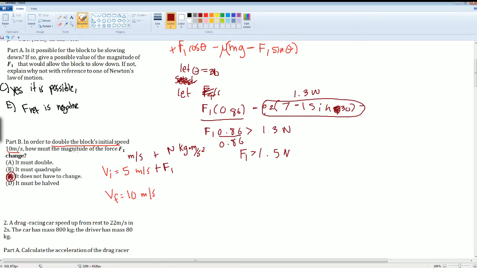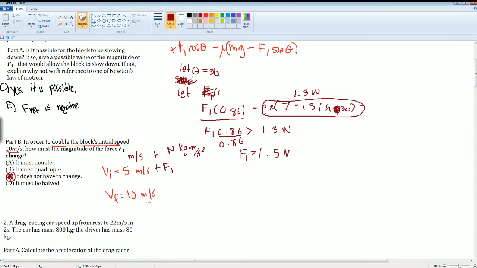So it does not change. This is such a really bad question. You can't really double the object's initial speed by changing the force. There's a more complex answer, but this is a simple answer for physics. You could think about throwing in energy. If you threw in some potential energy, you could increase its speed.